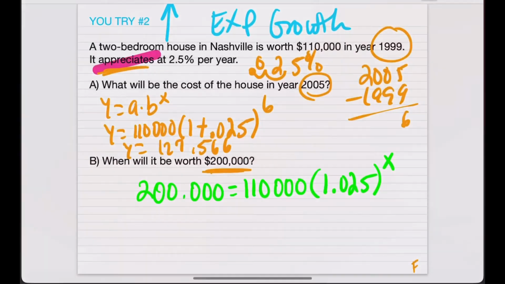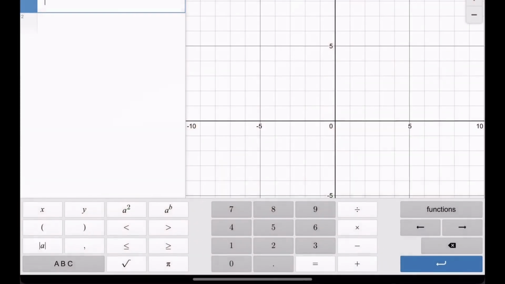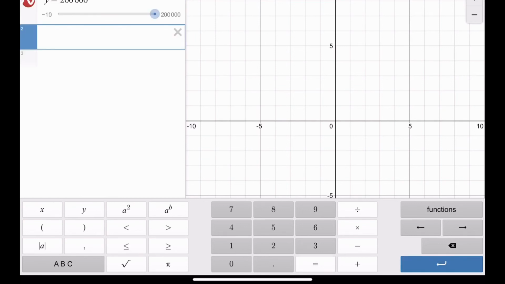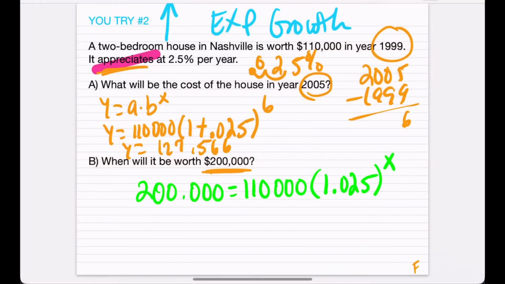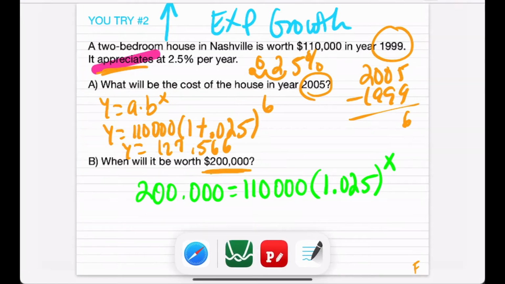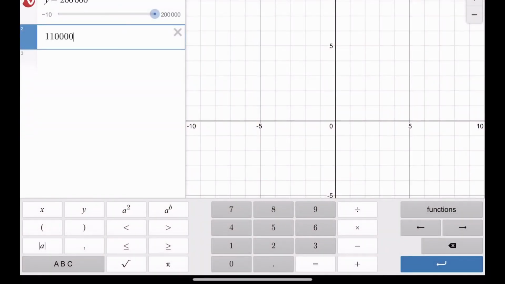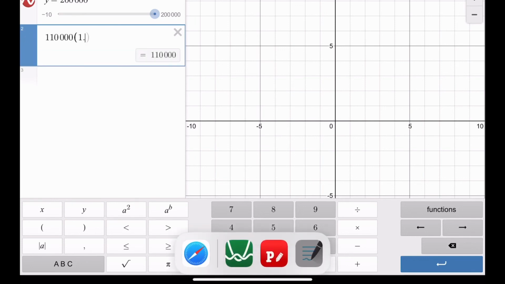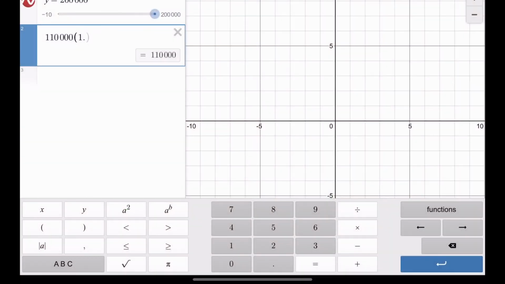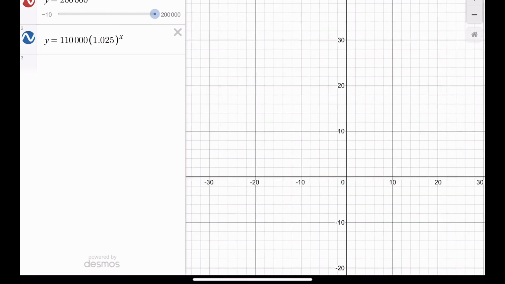So 200,000. Don't forget to put Y equals in the front. That's our first graph, and then the second one is our equation, 1.025 to the power of X. So let's find the point of intersection.